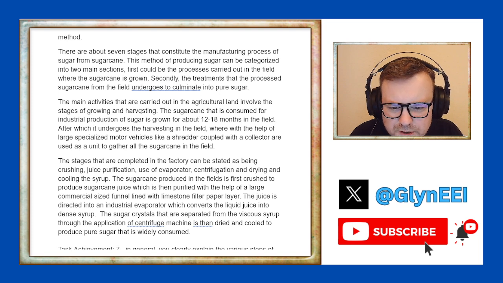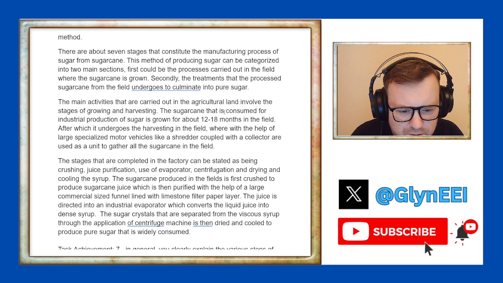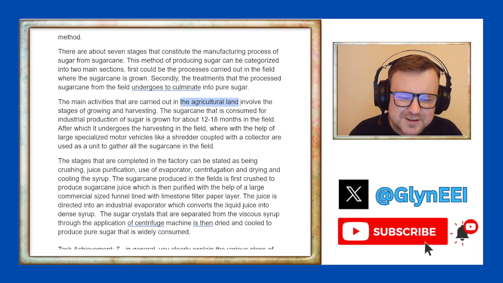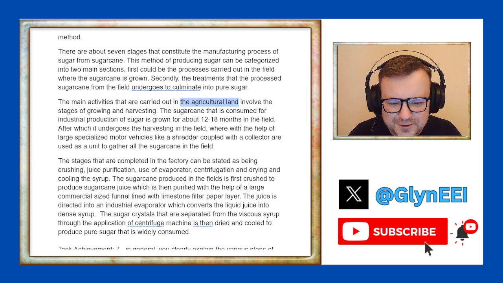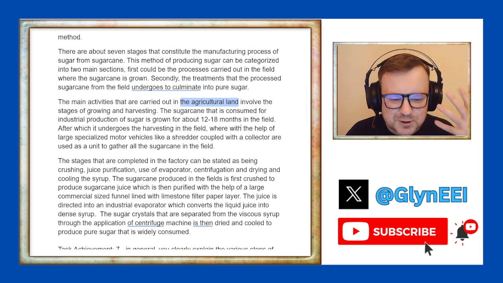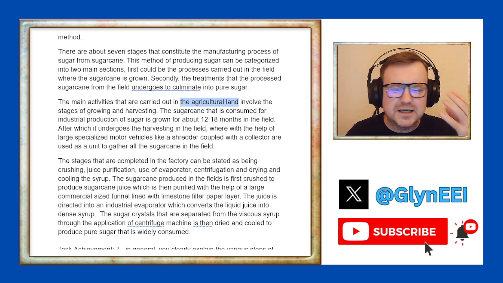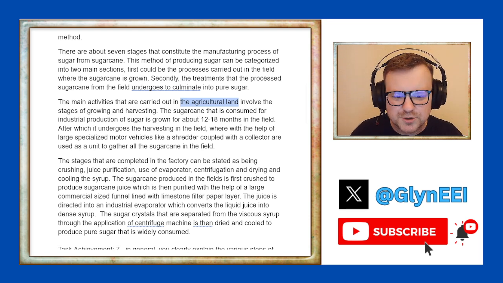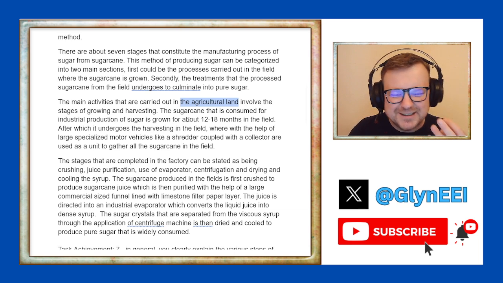Culminate into is nice. Activity carried out. Yeah, the agricultural land feels a little bit too showy offy, like in the fields, fine, but in the agricultural land, I don't know. It's just thinking about, would I write that, or do I know other L1 users who would write carried out in the agricultural land?